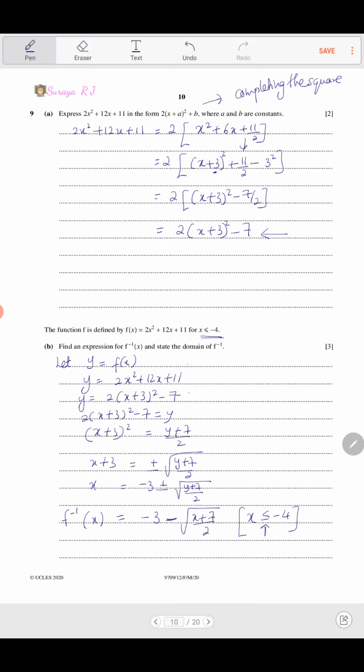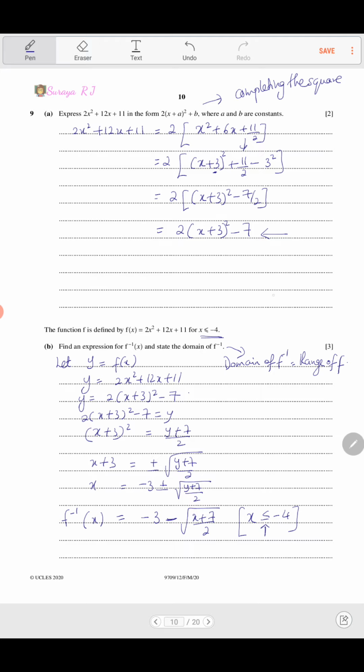And then state the domain of f inverse. So this is the second part. The domain of f inverse is equal to the range of f. So we have to first of all know the range of f.